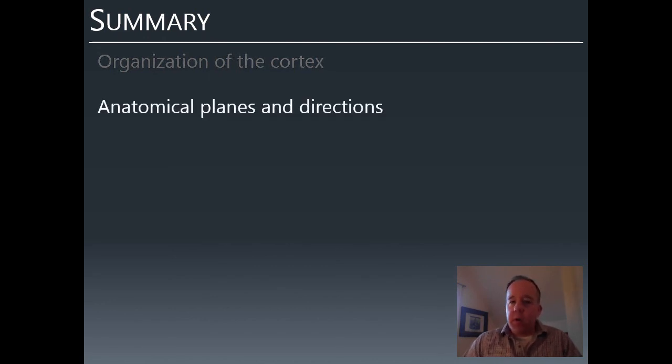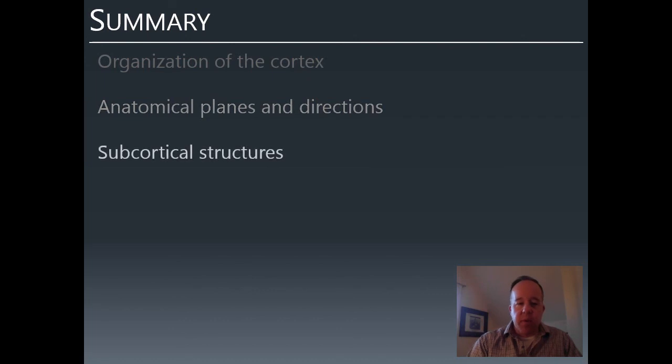We got some coordinates. We got our bearings. So we have anatomical planes, viewpoints from which we can view the brain, and directions: anterior, posterior, dorsal, ventral, superior, inferior, medial, lateral. And so we have those directions now as well.